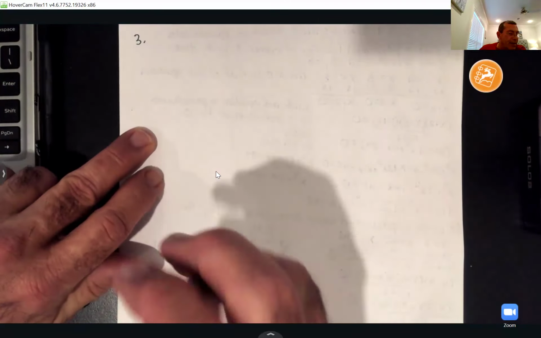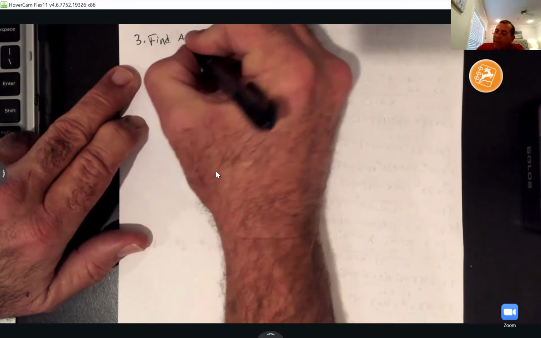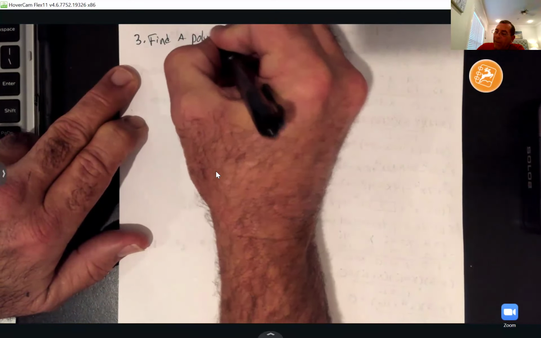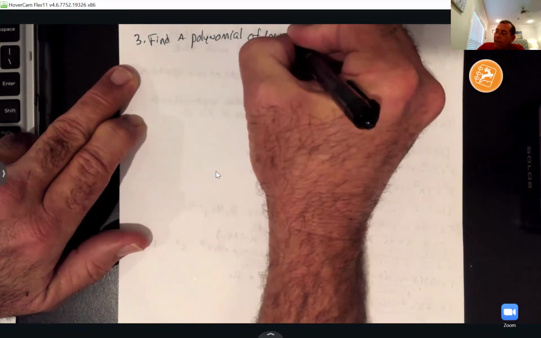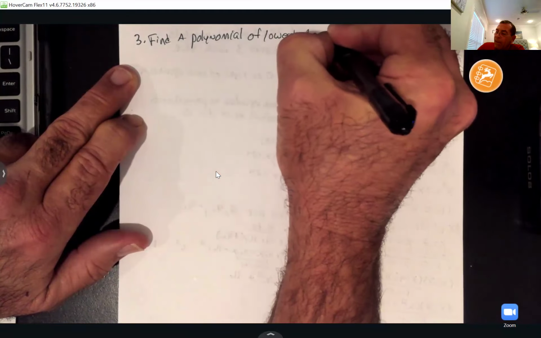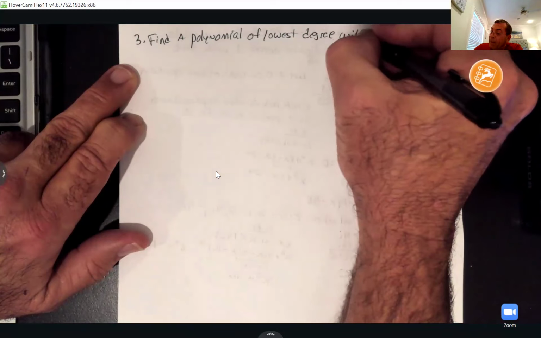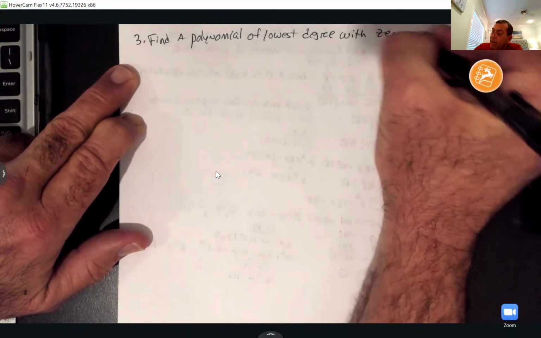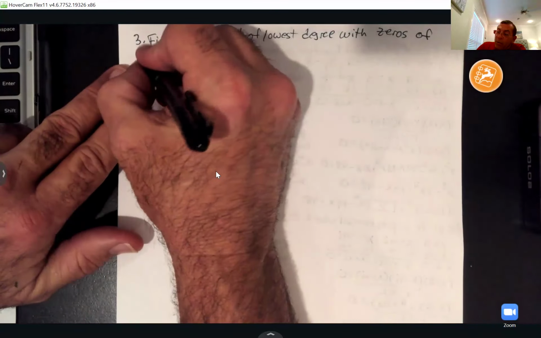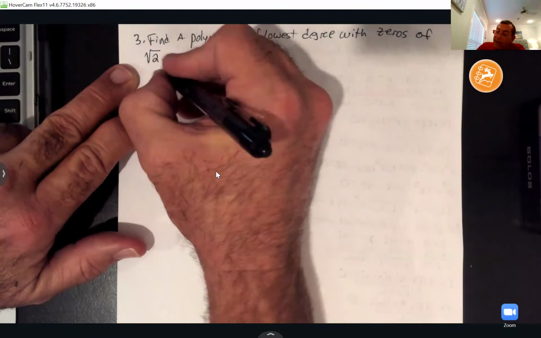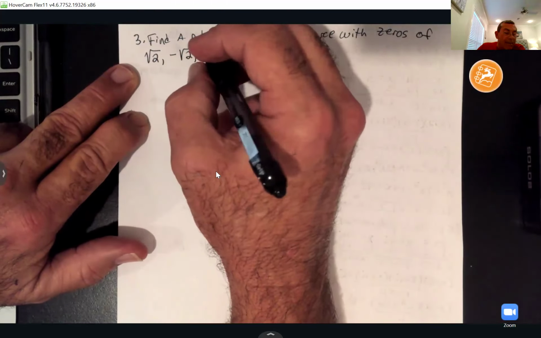This one says find a polynomial of lowest degree with zeros of square root of 2, negative square root of 2, and 4.